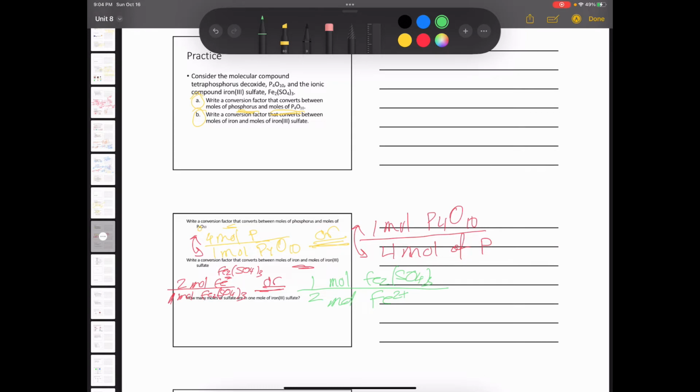I can take this a step beyond that, and create the conversion factor between sulfate and the iron sulfate: 3 mole of the sulfate, 2 negative, exist in 1 mole of the iron sulfate.